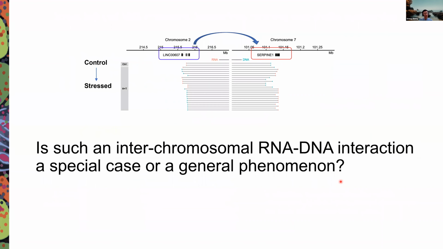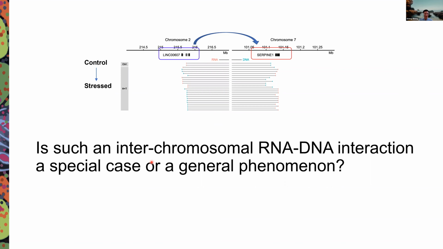So at this point, we see a case example where an interchromosomal RNA-DNA interaction underlies at least part of the seemingly reversible process of endothelial dysfunction.